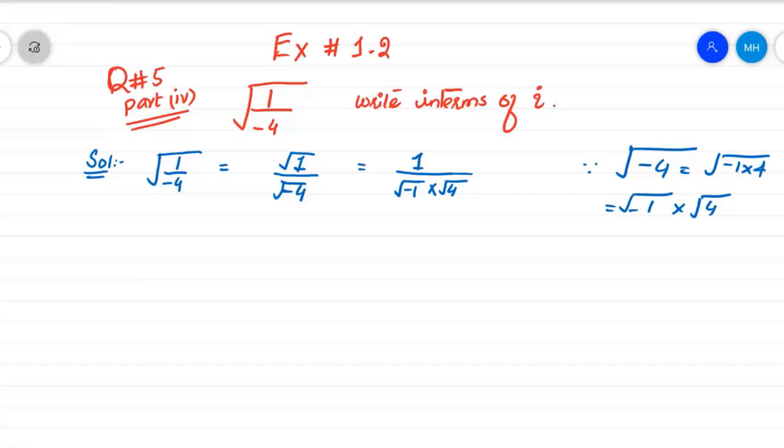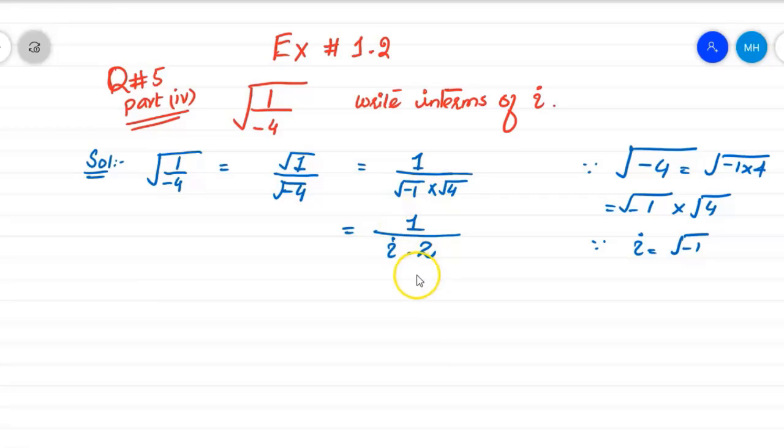Okay, here. Now what will happen? 1 divided by, as we know, the square root of negative 1 is equal to iota. So I am going to write square root of negative 1 as iota over here. And square root of 4 is what? Square root of 4 is 2.